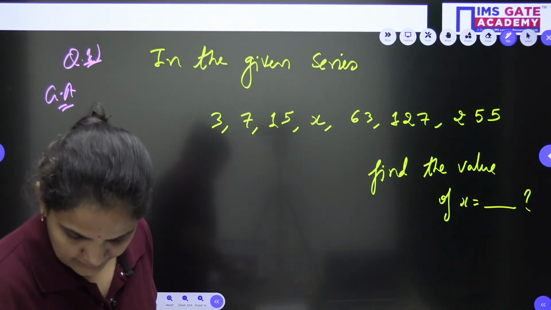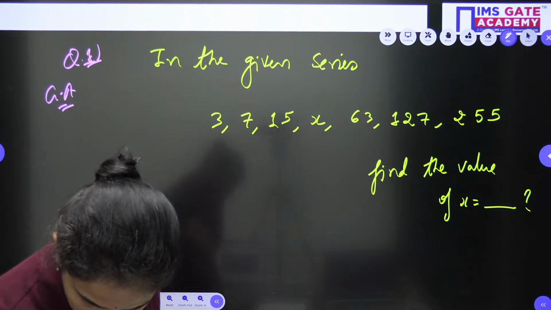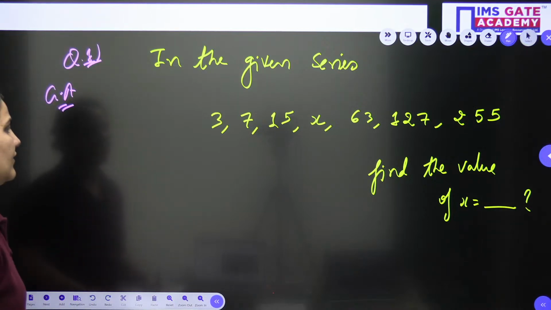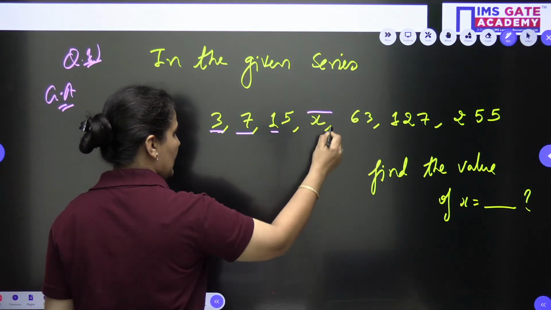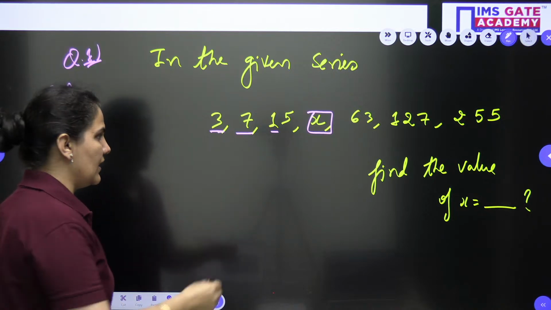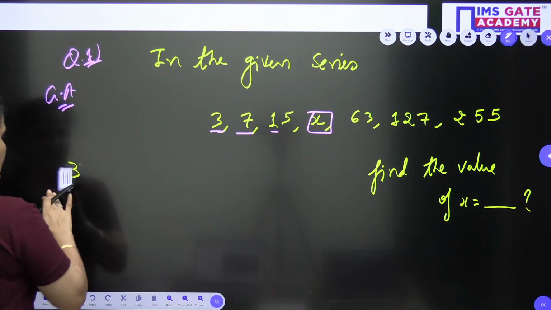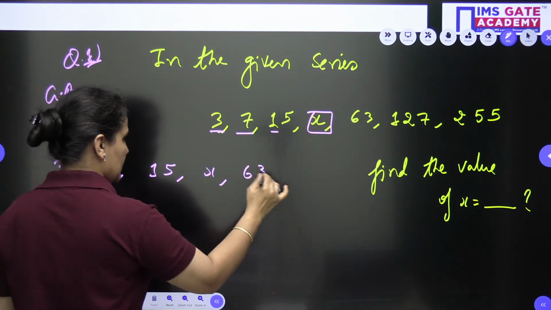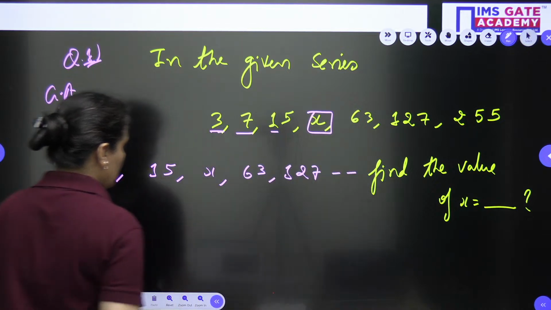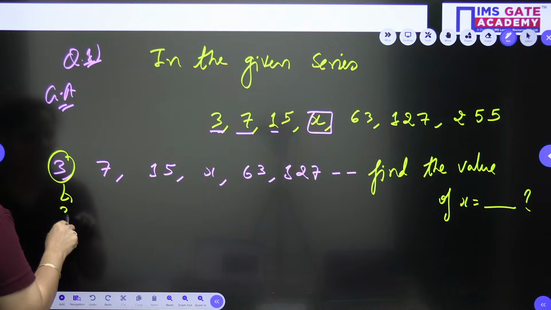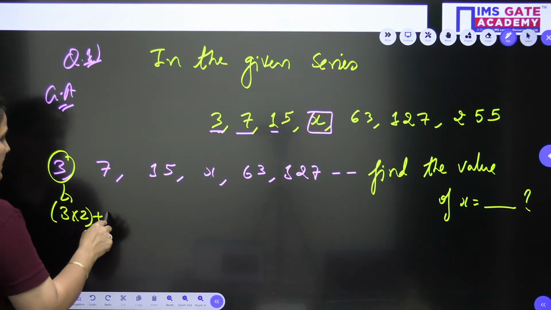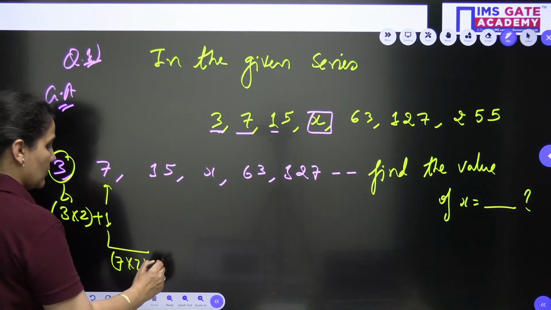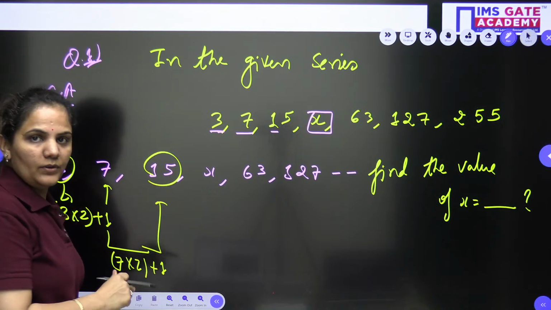Now when I go for this question, very easily we can identify 3, 7, 15 and x is unknown. Now look at what pattern we have here. I'm writing the series again: 3, 7, 15, x, 63, 127 and so on. Look, 3 multiplied by 2 is 6, plus 1, the number is 7. Following the same, 7 into 2, 14, plus 1 is 15.